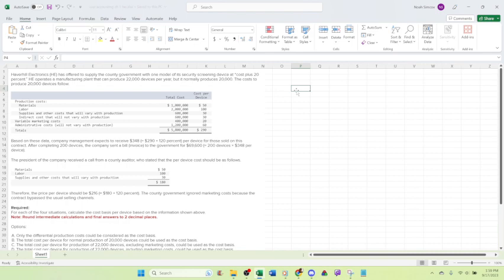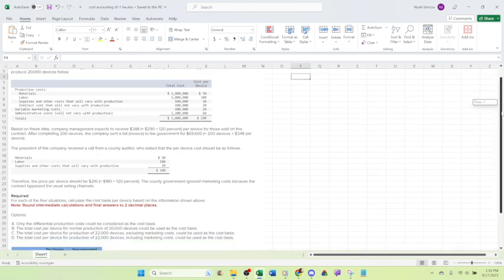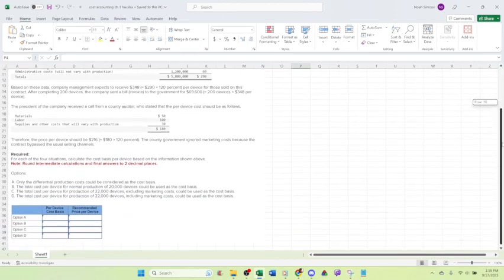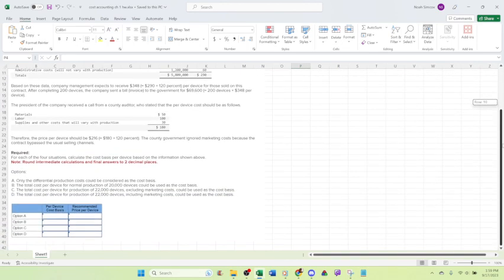Right. So we've got to figure out all of these different alternatives. Only the differential production costs could be considered as the cost basis.